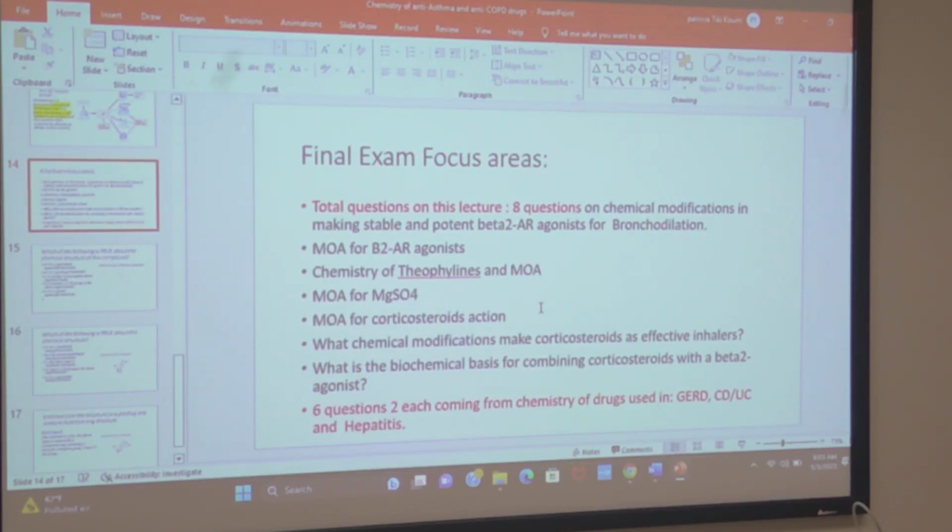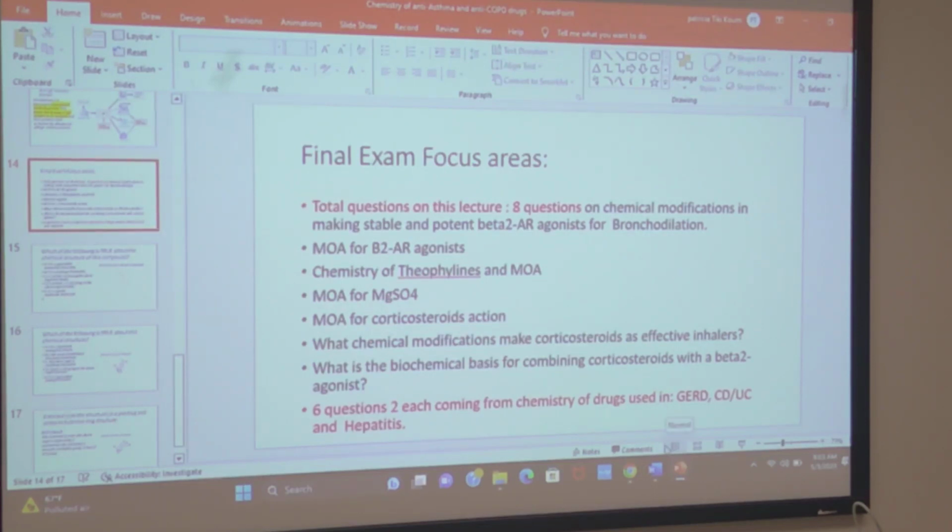And what chemical modifications are effective? The 17 alpha modifications are effective in making corticosteroid inhalers. Prednisone cannot be an inhaler because there is no 17 alpha modification. What is the biochemical basis for combining these two?